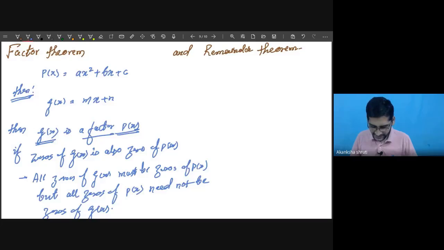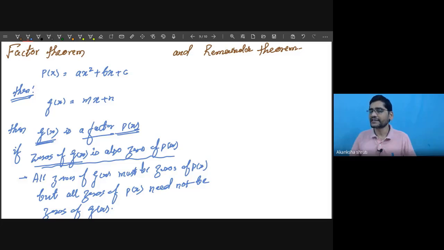So for the factor of g(x), one important thing is that all the zeros of g(x) are zeros of p(x). So how do we use the factor theorem to verify whether g(x) is a factor of p(x) or not?